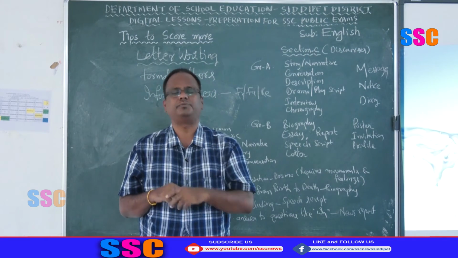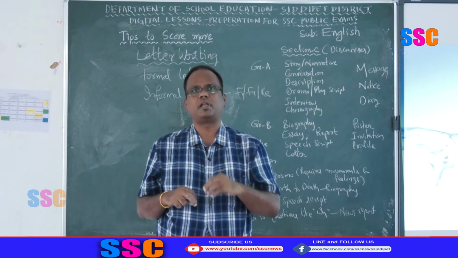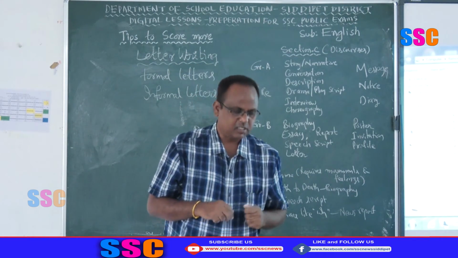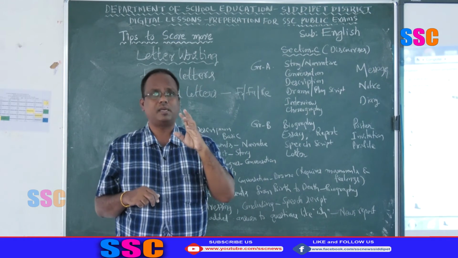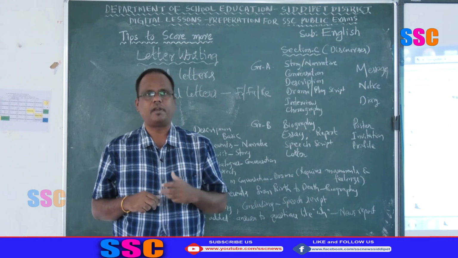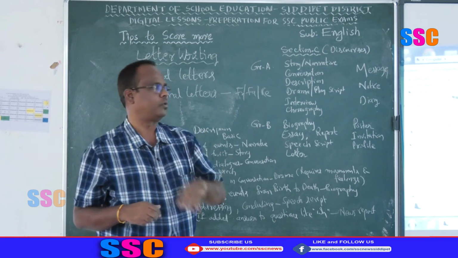So this is how an examiner will look for the details in letter writing. But once we look into the marking strategy by the examiner, you can understand where you can score more.